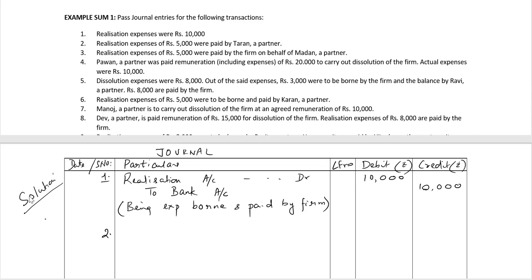Second question, it says realization expenses of rupees 5,000 were paid by Tarun, a partner. The expenses are paid by the partner, but nothing is mentioned, so it was to be borne by the firm. So expenses borne by firm, paid by partner, journal entry, realization account debit to Tarun capital account.